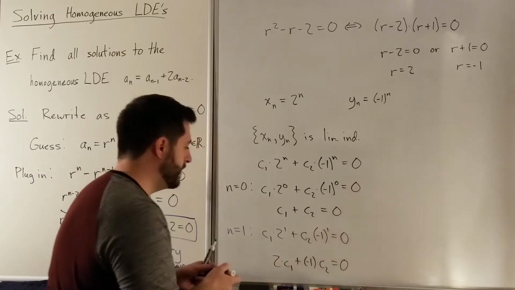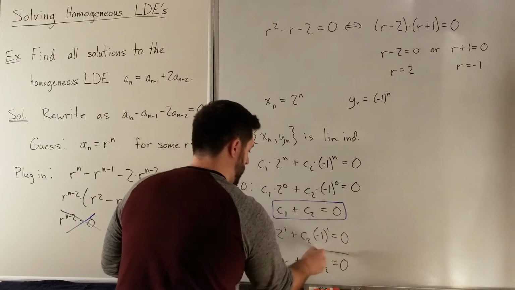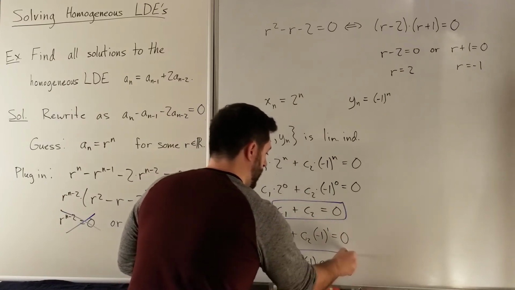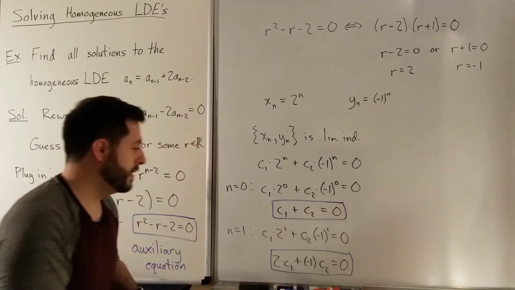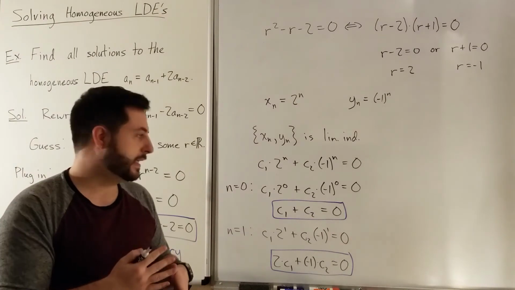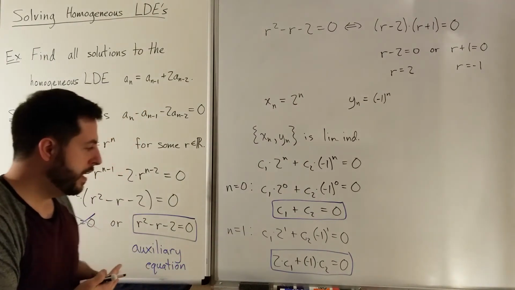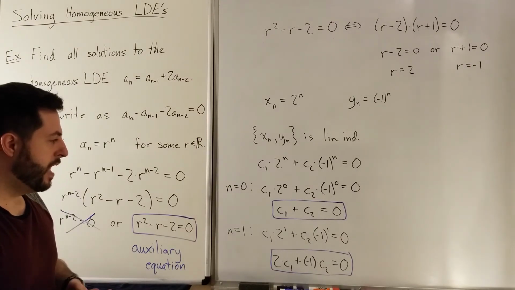And now just focusing on these two equations that we have, you can reason out that this implies that C1 and C2 are equal to 0. These are just two lines intersecting in the C1, C2 plane, and they intersect at the origin. So C1 and C2 are both 0.